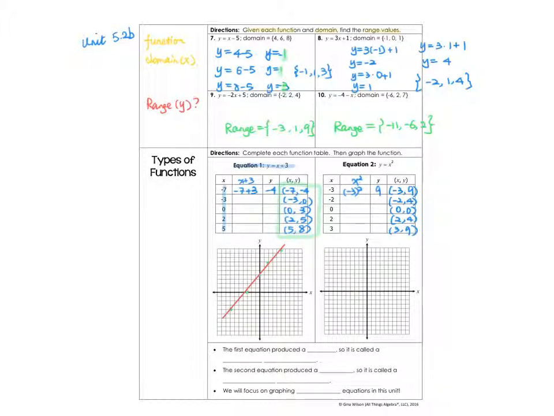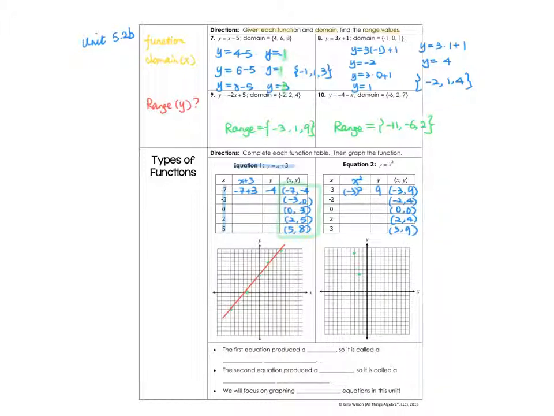Now, let's look at the second thing. Second equation, I have -3, 9. So -3 is here, 9 is on top here, right? I have -2, 4. -2, 1, 2, 3, 4 is here.